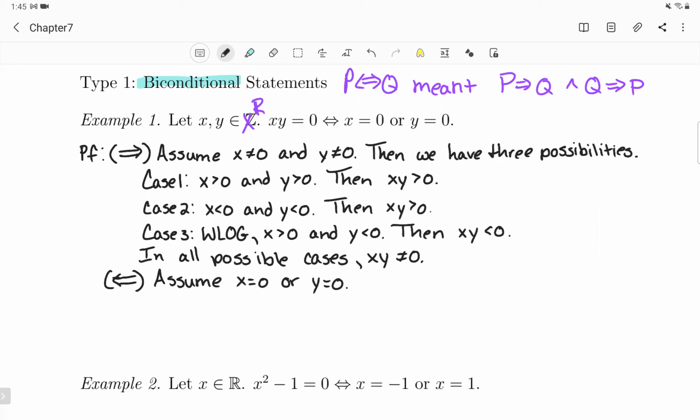Well, this one is as easy as it seems, right? If x equals 0, then xy equals 0, because 0 times a equals 0 for every a in the reals.